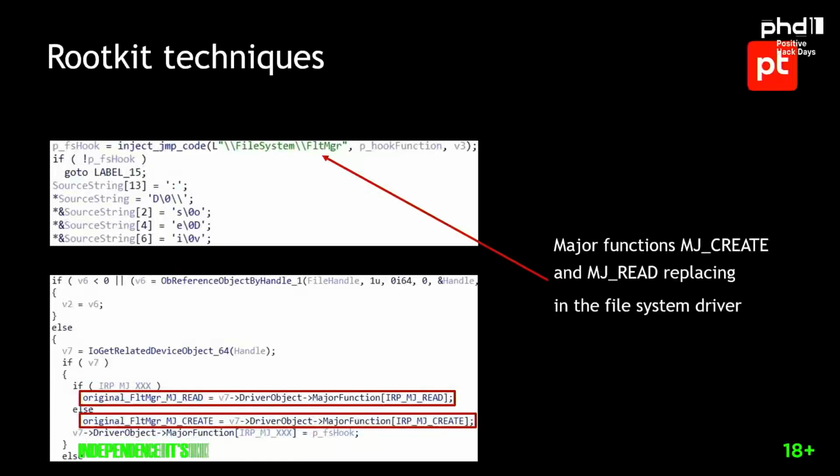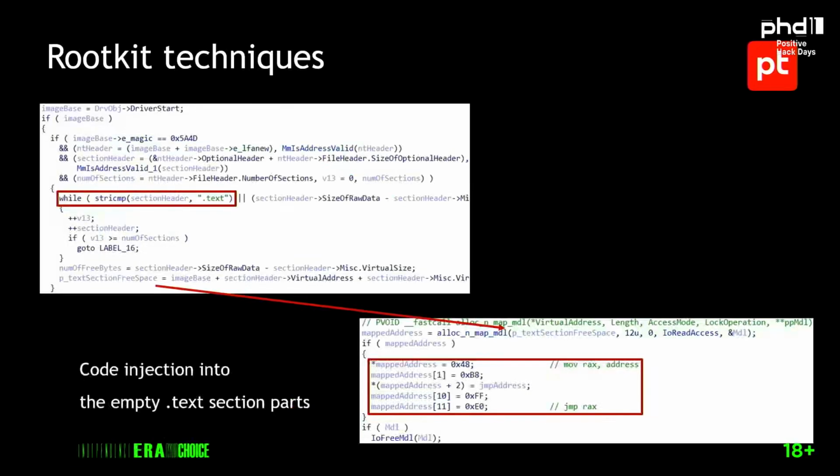The driver itself has lots of interesting things. For example, there are major functions, and rootkits are trying to abuse them as well. So they will do intercepts and substitutions. When a command is sent to a driver through a major function, it will go through an API handler. It will be substituted.